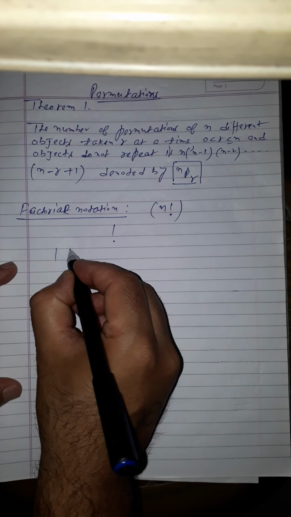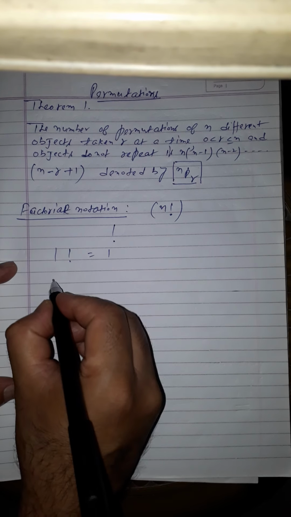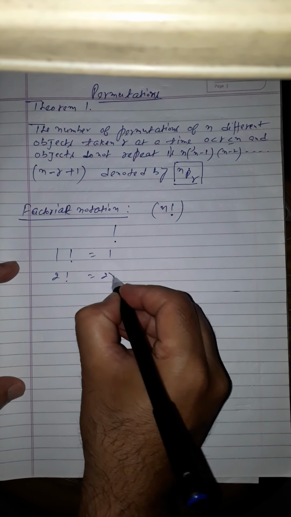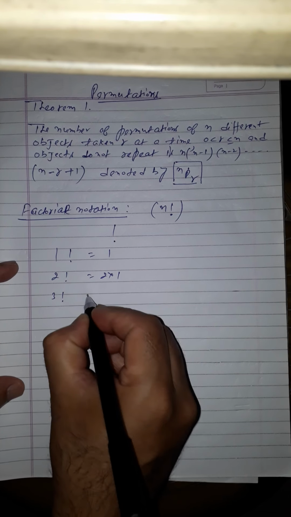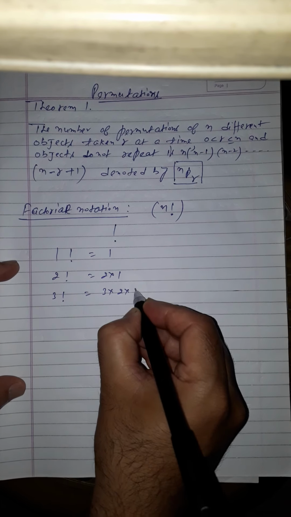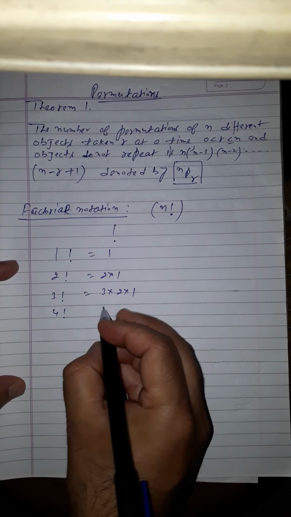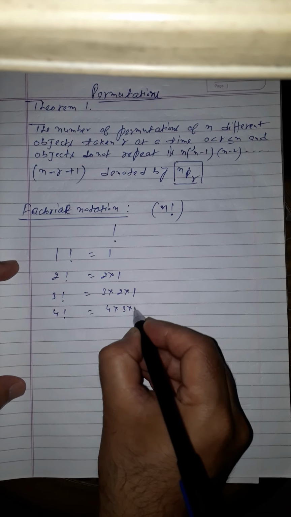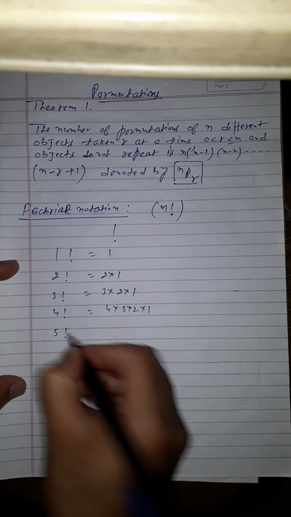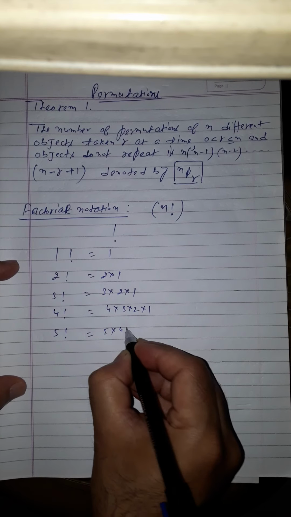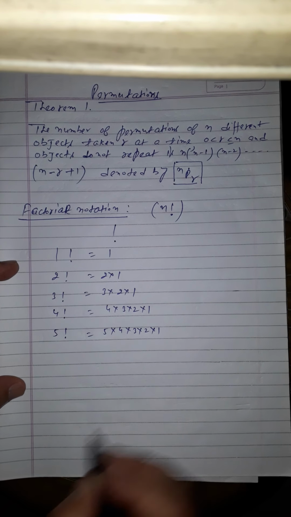Second is factorial notation. Here I want to tell you, students, we use this symbol to represent the factorial. For example, 1 factorial is equal to 1. 2 factorial means 2 into 1. 3 factorial is equal to 3 into 2 into 1. 4 factorial is equal to 4 into 3 into 2 into 1. 5 factorial is 5 into 4 into 3 into 2 into 1 and so on, students.